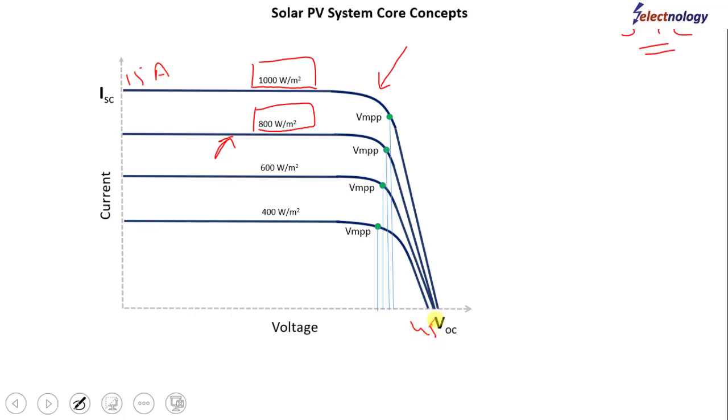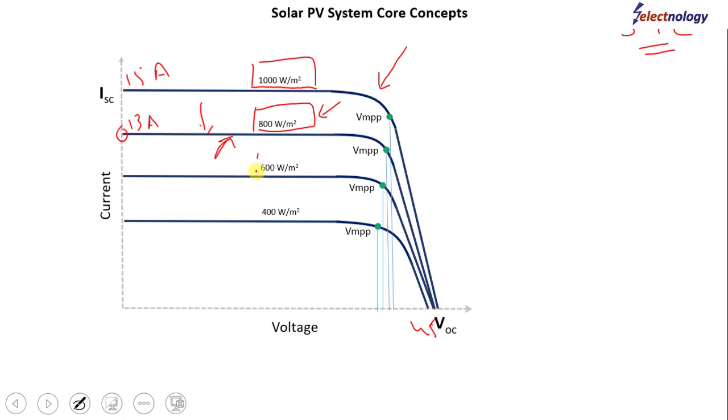Now if the sun energy is 800 watt per meter square at a particular time of the day or the year, the maximum current possible to be supplied by the PV module could be, let's assume, 13 ampere. So it can't go beyond that. The basic relationship is the same. The only difference is that the maximum current being supplied by the PV module has reduced to 13 amperes.